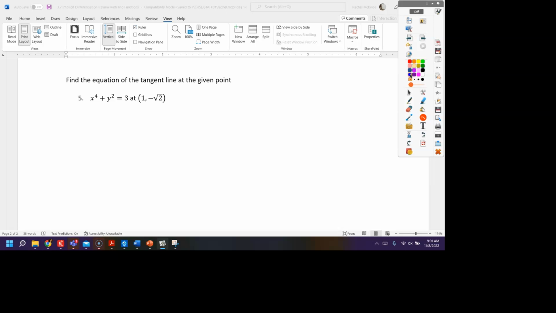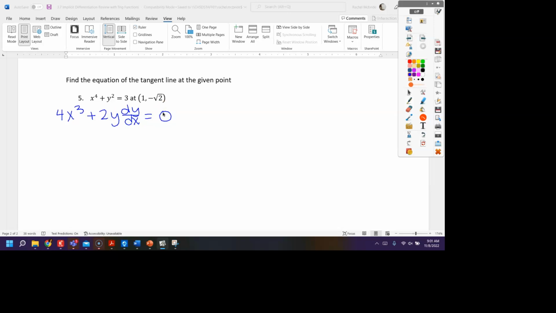So we'll also look at one with trig. I'll probably do number 4 above, and I'll just make up a point on the unit circle. But again, reiterating and referring back to all of these, start by taking your derivative. So you have 4x cubed plus 2y dy dx equals 0.